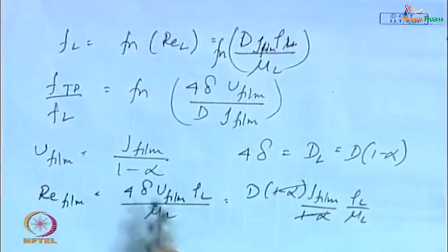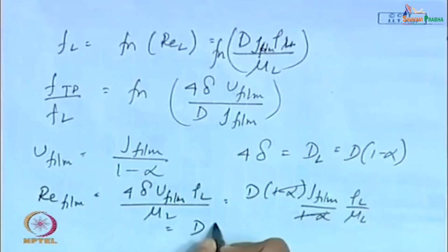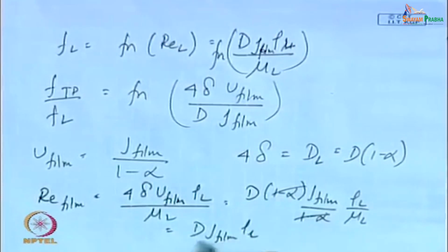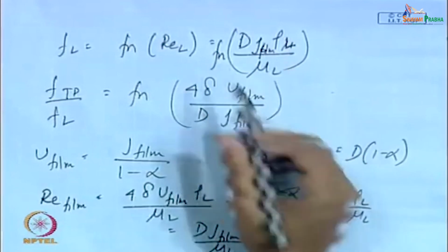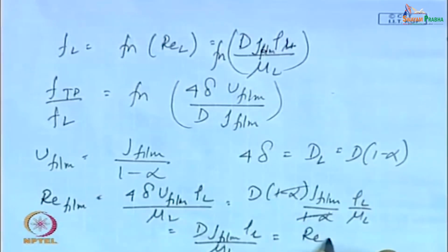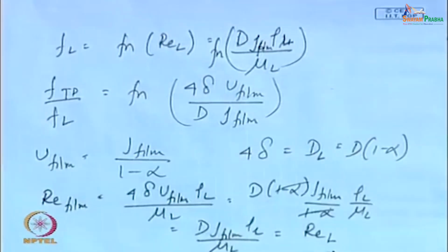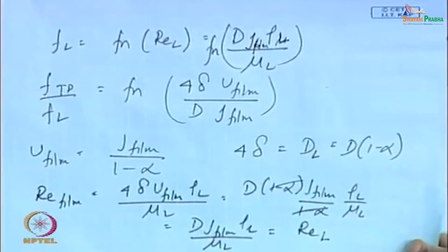Can I write 4 delta as D into 1 minus alpha, U film as J film by 1 minus alpha? No problem. So, what does this reduce to? D J film rho L by mu L, is not it, which is nothing but equal to Re liquid, when only liquid flows through the pipe, when the entire liquid flows in the pipe. You compare this expression and this expression. Agreed? So, from this what do I get?